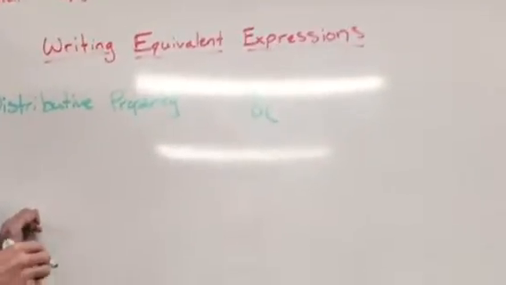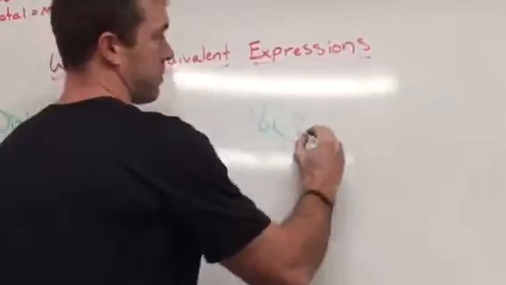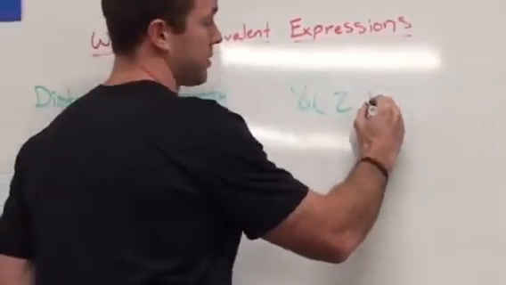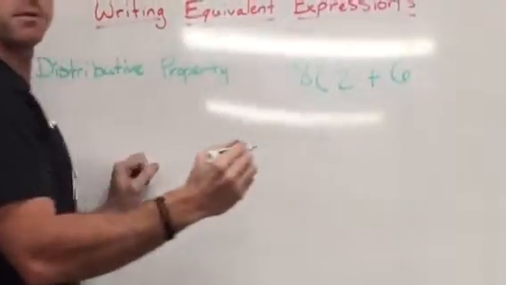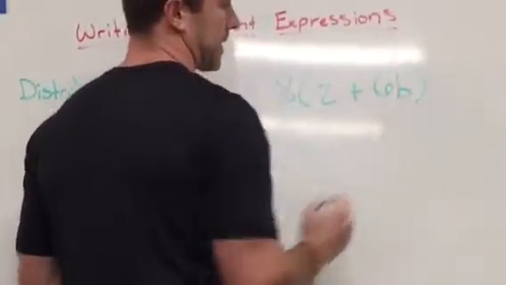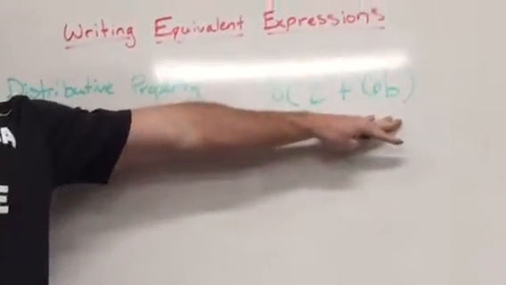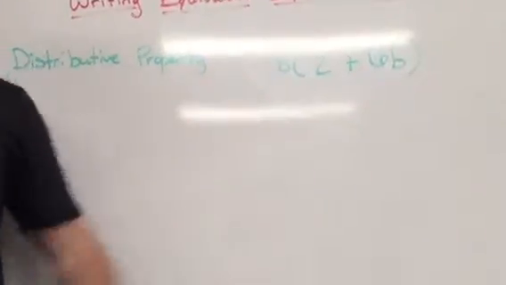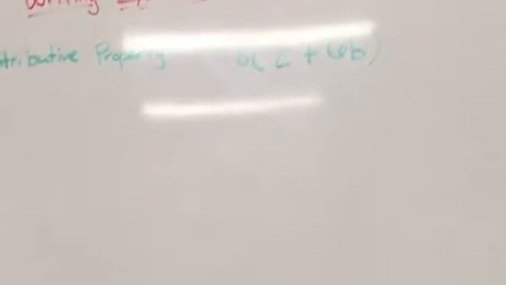Parentheses. 2 plus 6b. All right. That is an algebraic expression. Make an equivalent expression using the distributive property. What would I get? Well, take me through the process.